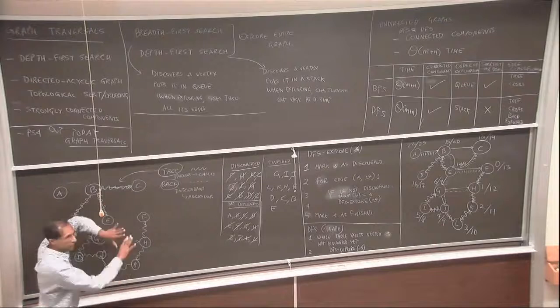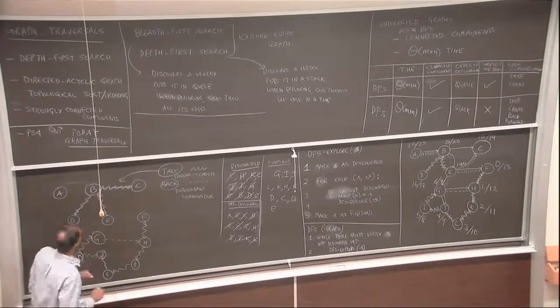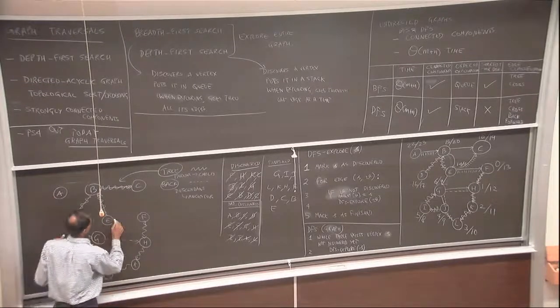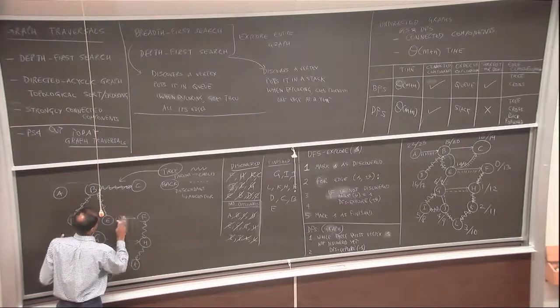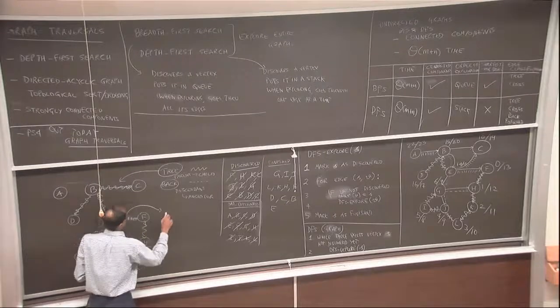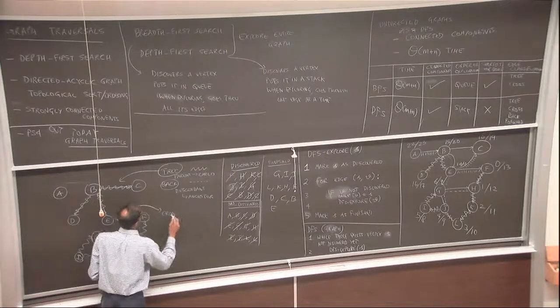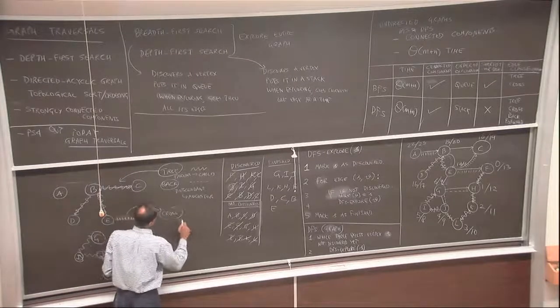You see, it's connecting two different trees. These edges are called cross edges. Basically, they go across trees.